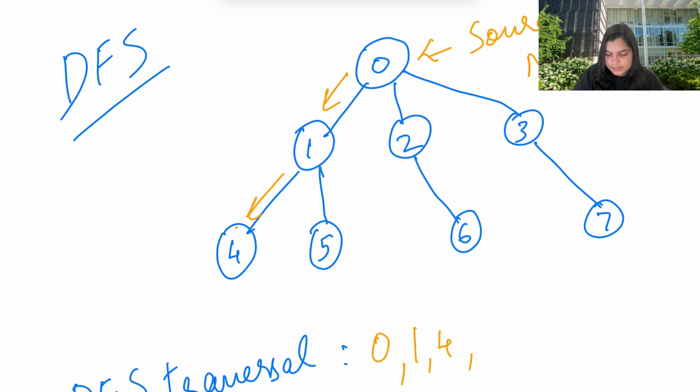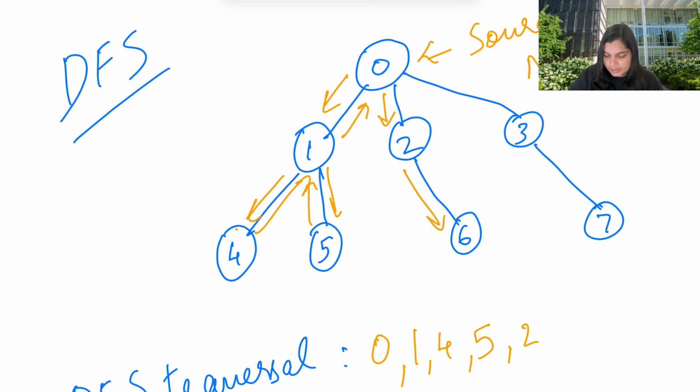I then come back. Now, is there any other unvisited? Yes. So that is 5. I come back up. Now there's nothing else left to be visited from 1. So I come back and now I'm visiting 2. After 2, I see that there's 6.